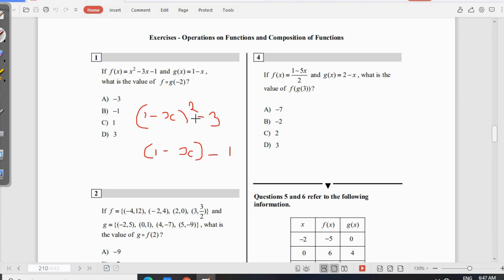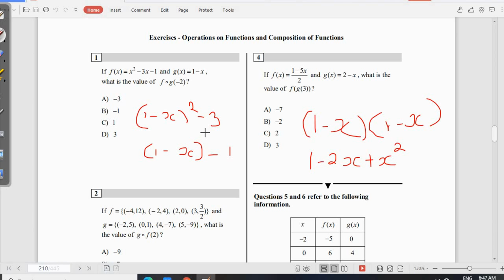So let's do that. 1 minus x all square gives you 1 minus x, 1 minus x. Looks hard to do, but it's well worth it at the end. So you have 1 minus x, that's minus 2x, minus x times x plus x squared.